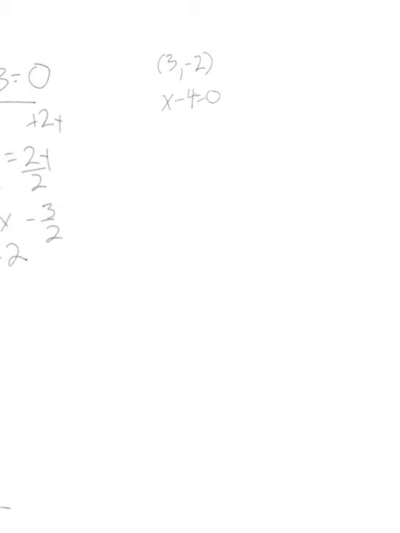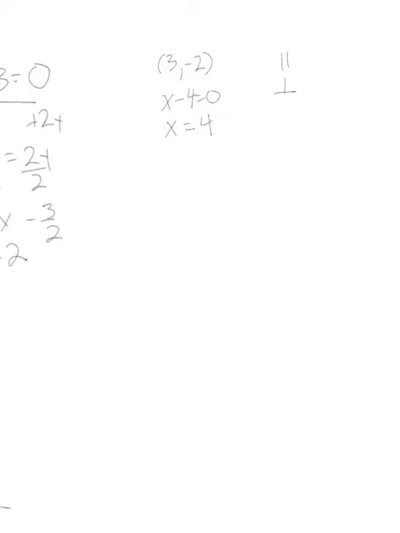We want to find a parallel and perpendicular equivalent. Luckily for us, this is a vertical line, that is x equals 4. So it is actually a vertical line going up and down at 4. And we want it to cross at (3, 2).